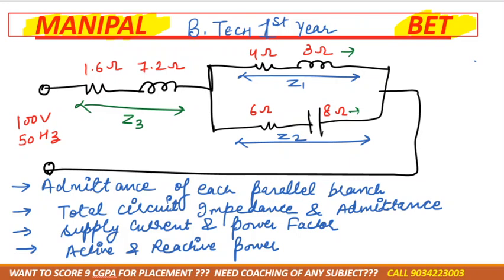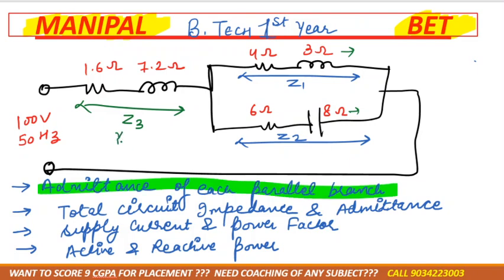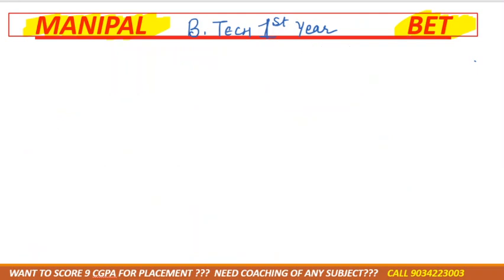Okay, so you'll get to know by considering the units also. Don't ignore units. See, in this question, calculate admittance of each parallel branch, so y1 is 1 by Z1, y2 is 1 by Z2, y3 is 1 by Z3. So I'm calculating y2.